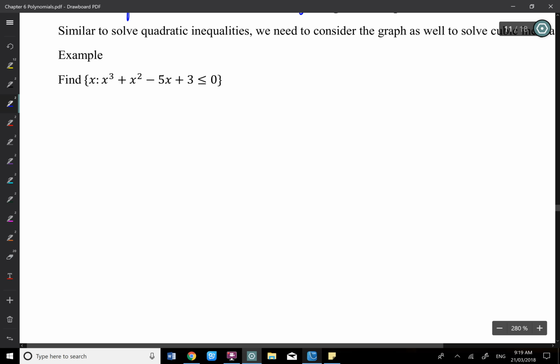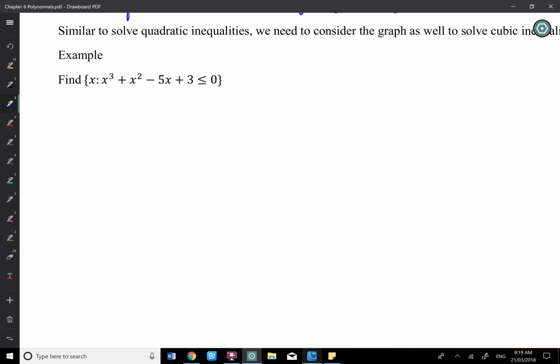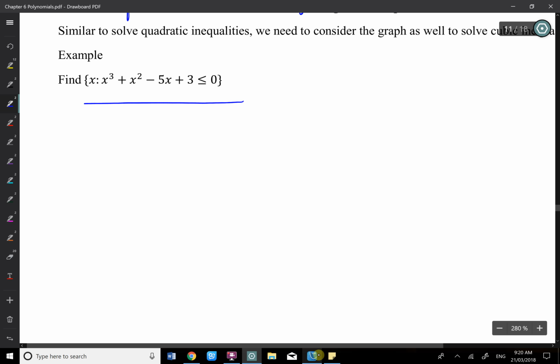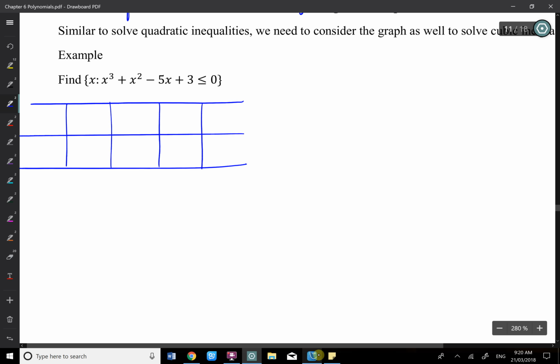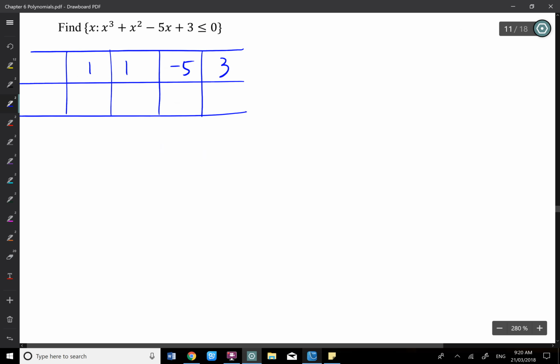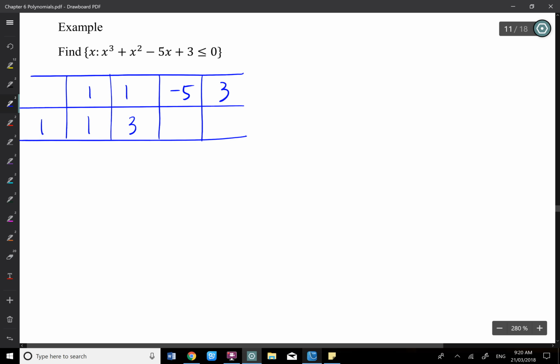So let's graph the left hand side. The left hand side wants to be less than or equal to 0. We need to graph x cubed plus x squared minus 5x plus 3. We need to factorize it as well. So we can put a 1 there. 1, 3, 1, 2.